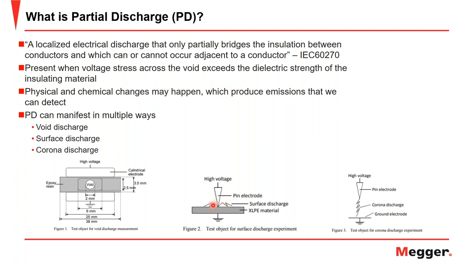And this can cause PD activity on the surface here, otherwise known as surface discharging. Here, on the right, we have an example of corona discharge, where your high voltage is not necessarily touching your ground electrode or your insulating material, but the dielectric strength of the insulating medium between has been exceeded, and therefore breakdown is occurring between those 2 potential levels.